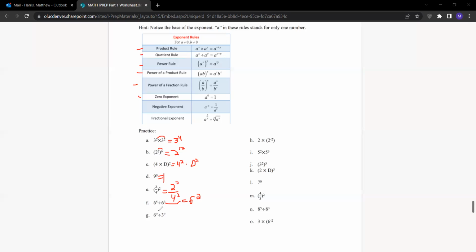All right, now we have 6 squared divided by 3 squared. Does this look like any of our rules? I would say maybe it looks like our power of a product rule, just reversed, right? It's this side, but even then it's division.